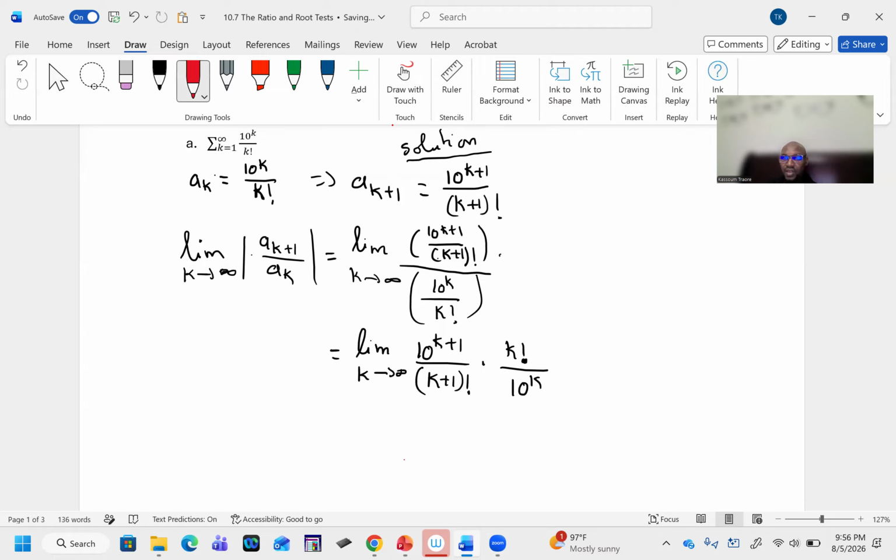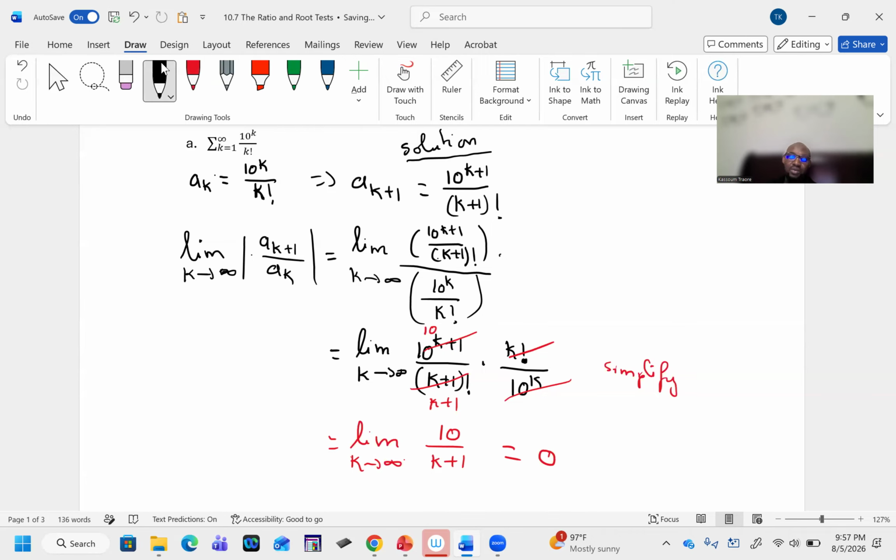So now we simplify, right? You will see 10 to the power of k plus 1 and 10 to the power of k cancel out, leaving 10 to the power of 1. k plus 1 factorial and k factorial simplify to leave k plus 1. So this will just give me the limit of 10 divided by k plus 1 as k approaches infinity, and this limit is 0.